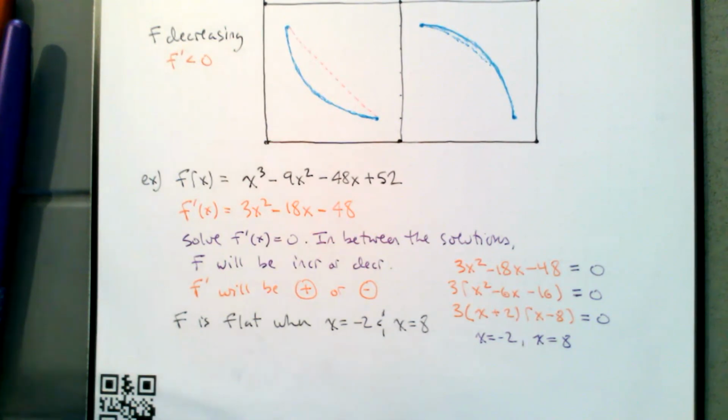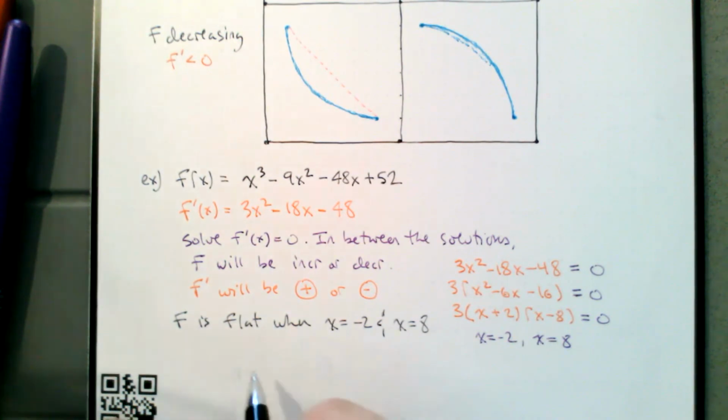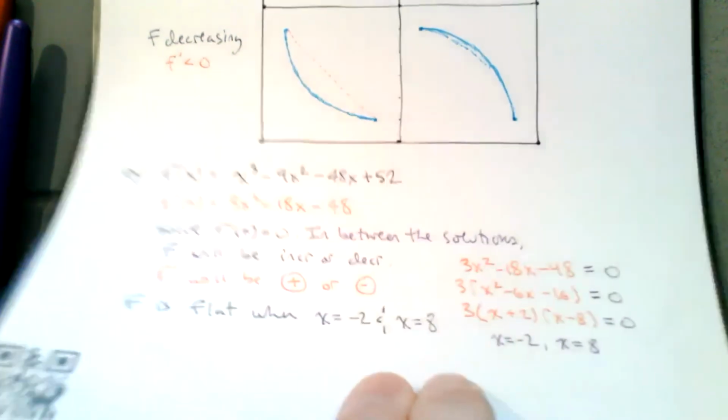In those 3 intervals, the derivative will be positive or negative, and that means the function will be increasing or decreasing.